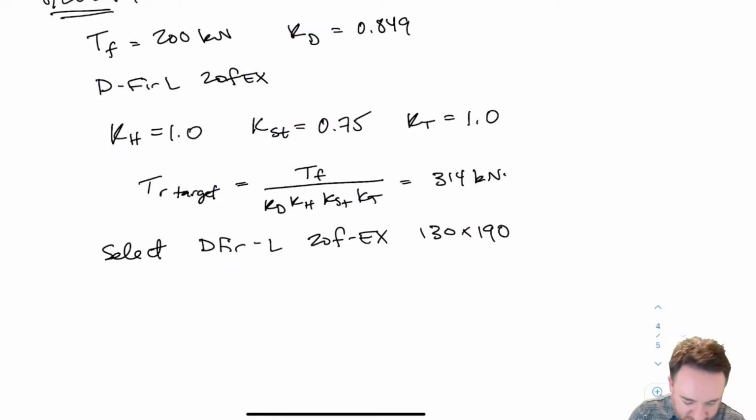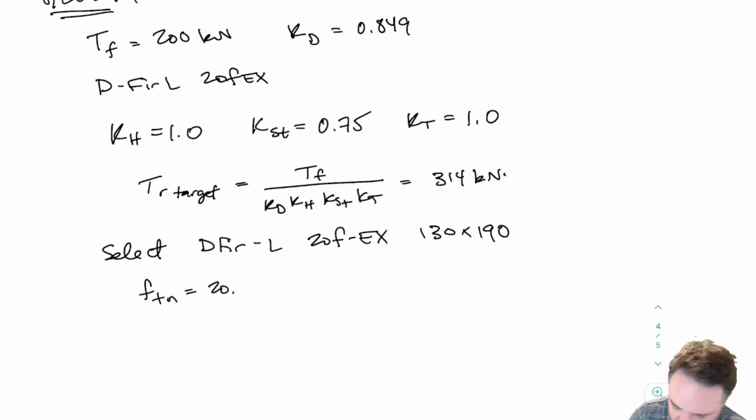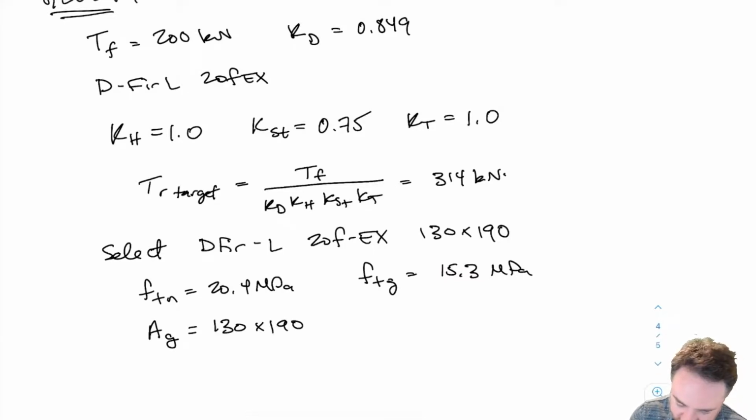Okay, so FTN was 20.4 MPa and FTG was 15.3 MPa, and my gross area is 130 times 190, which equals 24,700 millimeters squared.